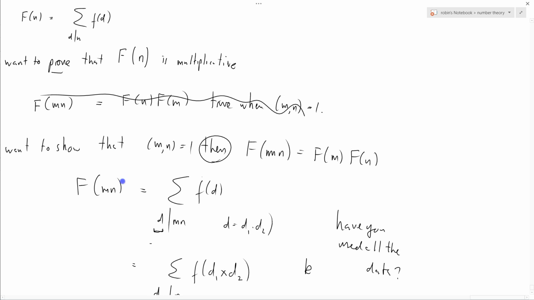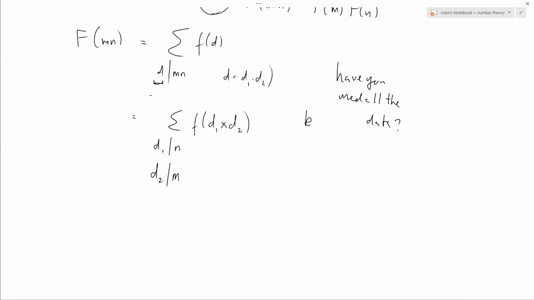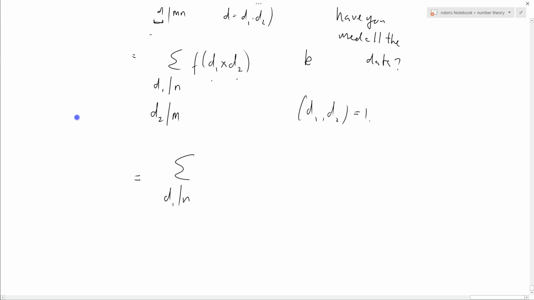Now, you'll remember the definition of multiplicative function, and also d1 and d2 are relatively prime. I'll write that down: gcd(d1, d2) equals 1. They haven't got a common factor. So this thing here equals the sum over d1 divides n, d2 divides m, of f of d1 d2, which by definition of multiplicative function is f of d1 times f of d2.